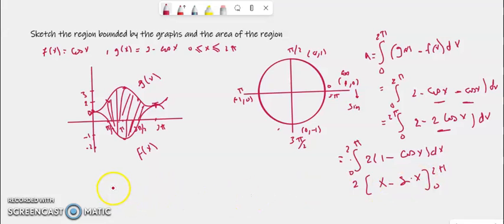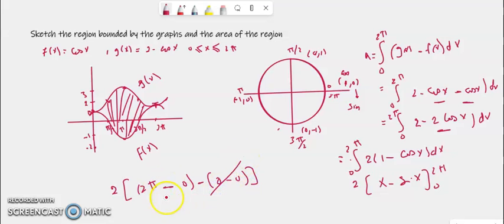Then let's substitute. We have 2 pi minus, what's sine of 2 pi? Sine of 2 pi is 0, so that's my first substitution. Then minus the second substitution, which is the x value 0 minus sine of 0, and sine of 0 is 0.